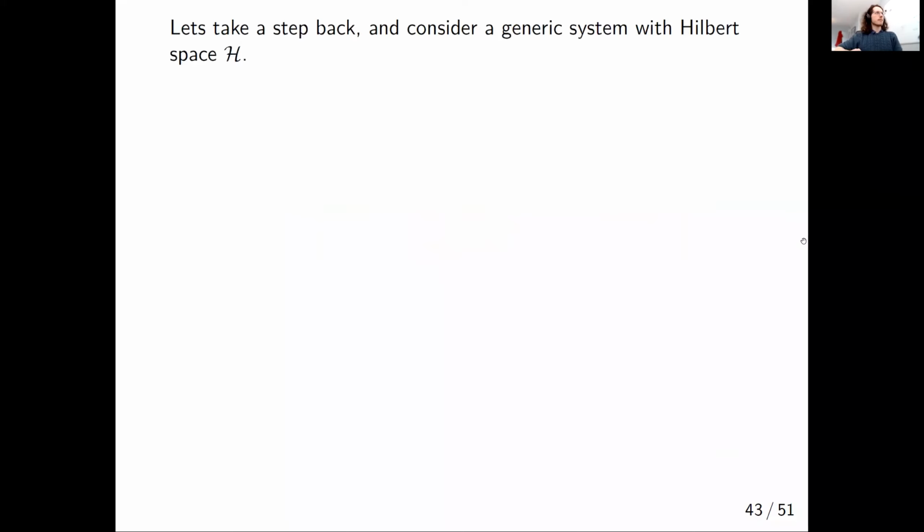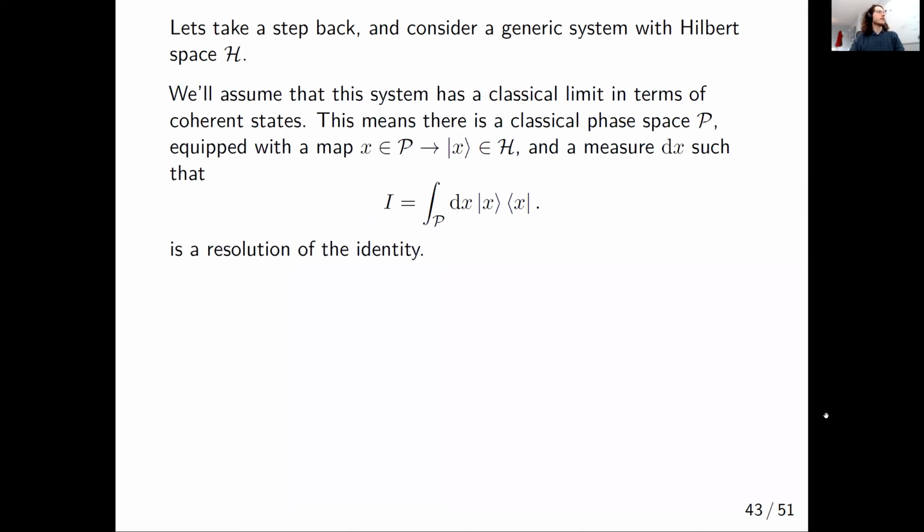So let's consider a generic system with a Hilbert space H. I'll assume that there is a classical limit in terms of coherent states. And different people mean different things by coherent states. All I mean is that there is a classical phase space which maps into states in the Hilbert space, and that there's a resolution of the identity in terms of those states.